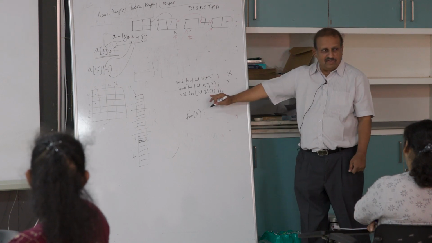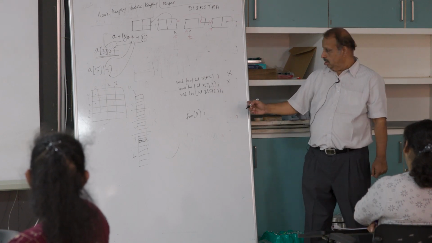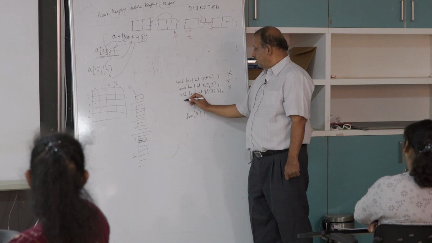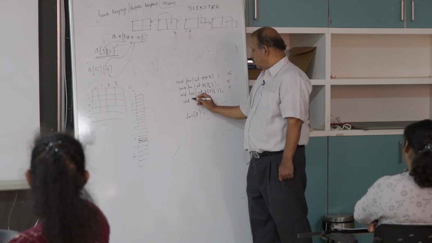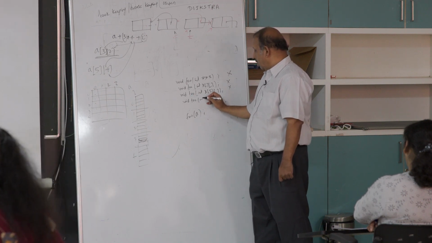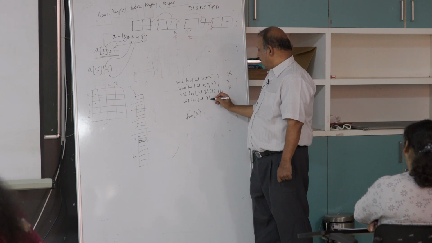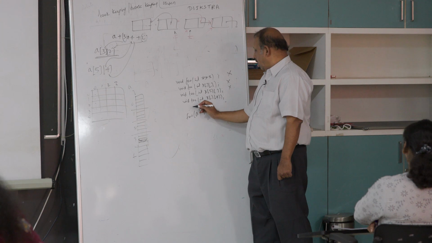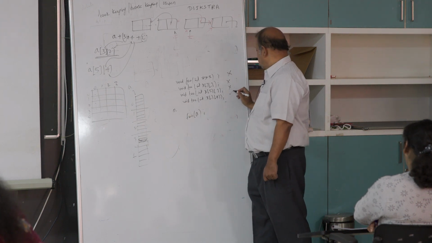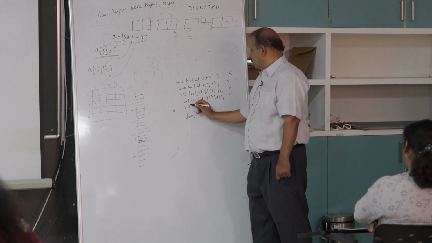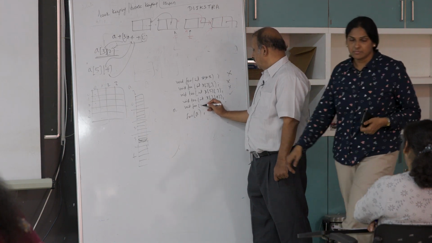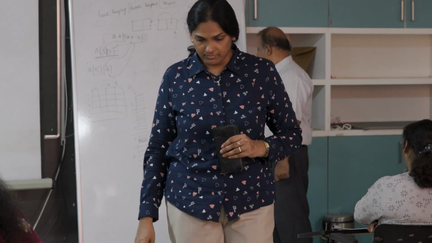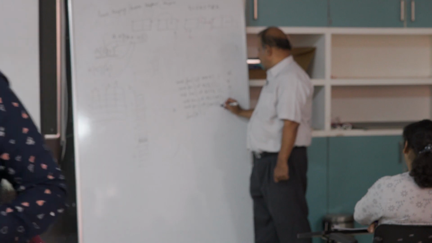This size is not even required, we don't care. So what we should write could be either of these two. I could say int x square bracket 4, or I can say void foo int star of x of 4.